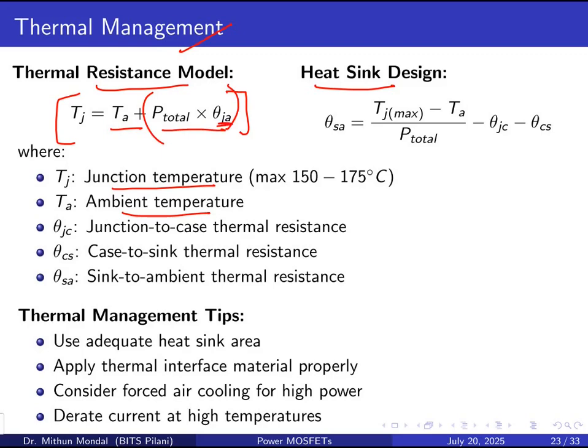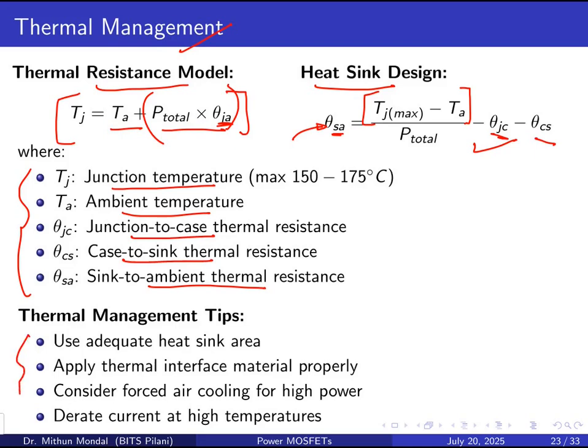Now for the heat sink design, theta SA, which is the sink to ambient thermal resistance, can be calculated using this formula, which is TJ max minus TA. All formulas are given here with theta JC, which is basically junction to case thermal resistance, and theta CS, which is basically case to sink thermal resistance.